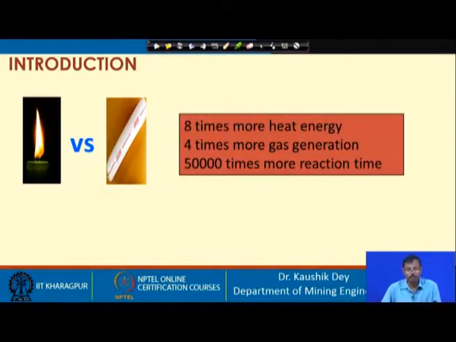If you compare these two, see how much heat is generated and how much gas is generated from each, and if you calculate those things, you will find that the candle is generating 8 times more heat energy than an explosive of similar weight.